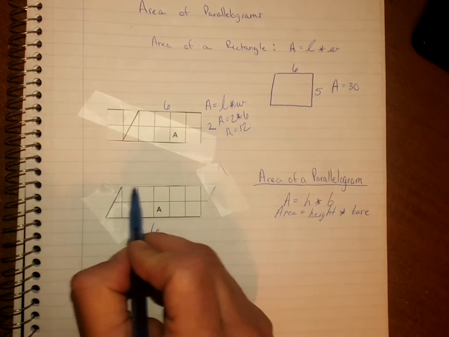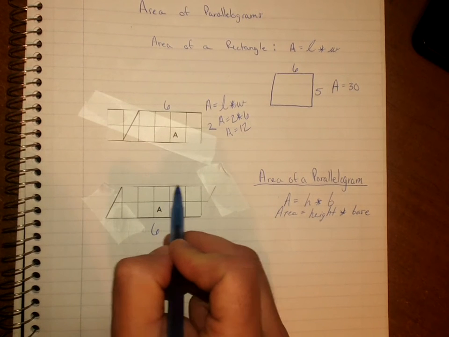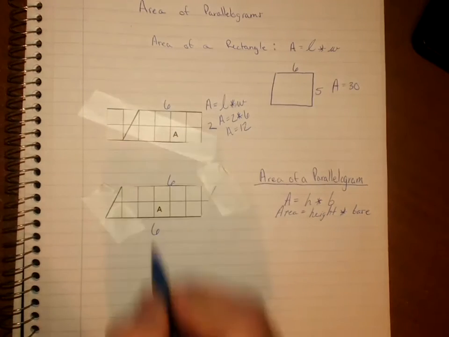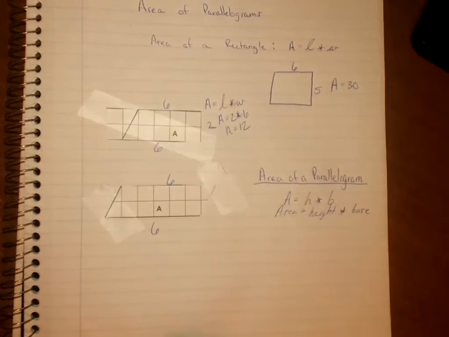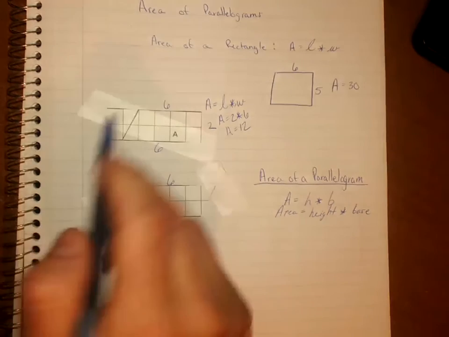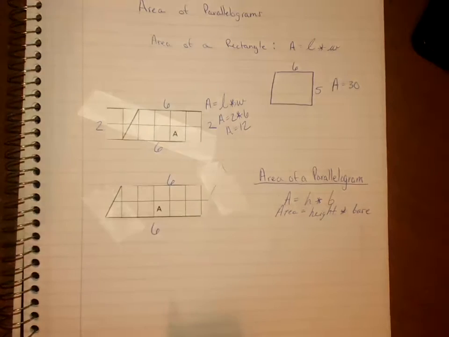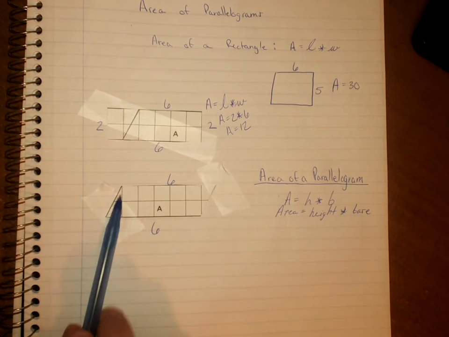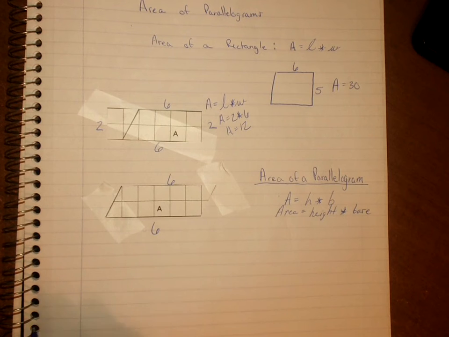And this is 1, 2, 3, 4, 5, 6. So there's 6 on these sides, just like there were 6 on these sides. And there's 2 on this side and 2 on the opposite side because it's a rectangle. Well, this must be 2 and 2, but you might have seen that the slant makes it difficult to calculate whether or not that's 2 or not. And actually, it would be very difficult to calculate whether it's 2 or not.